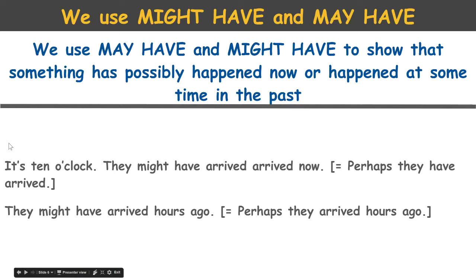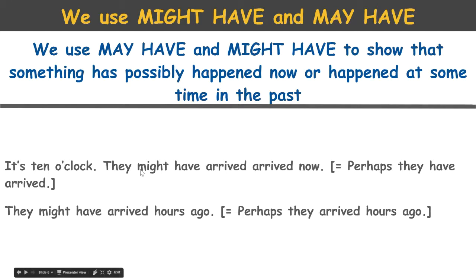You are at the train station. You're there to pick up your cousins, maybe your family members, or someone you know. And you know the train arrives at 10 o'clock. So you're standing there with your friend, and you look at your watch and you say, "Hey, dude, it's 10:05.